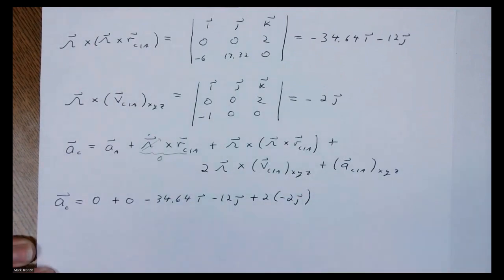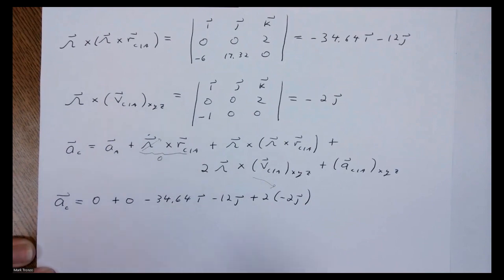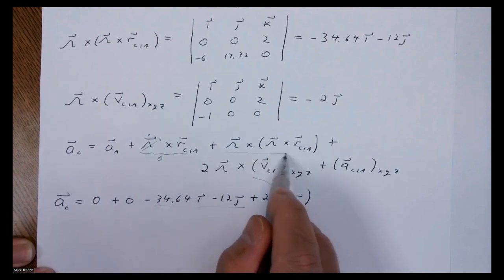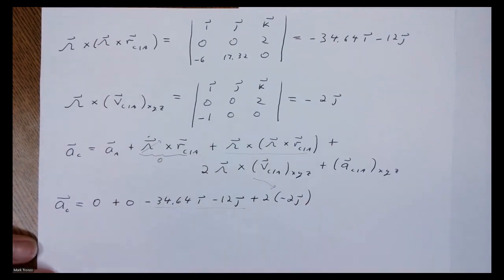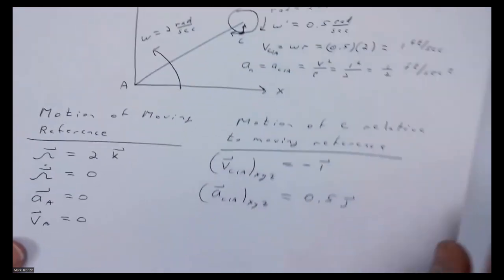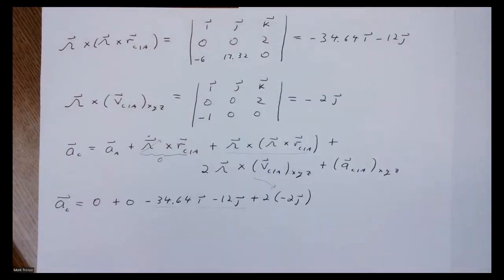And so again, just to keep track of what we have here, remember, this term right here was this one. This term was that one. And then finally, we have this ACA, and that was from our first page, 0.5J.